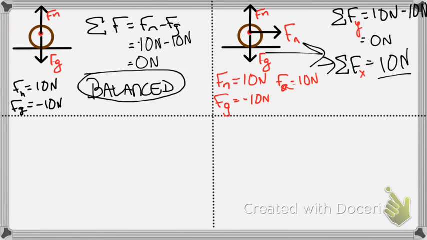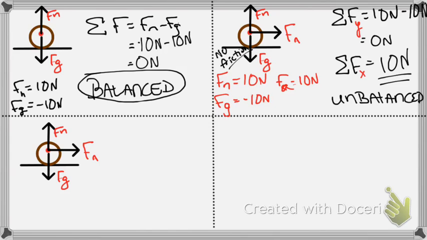And what do we call it if things are accelerating? We call it unbalanced. Yay, unbalanced. So now you have two examples, one balanced and one unbalanced.